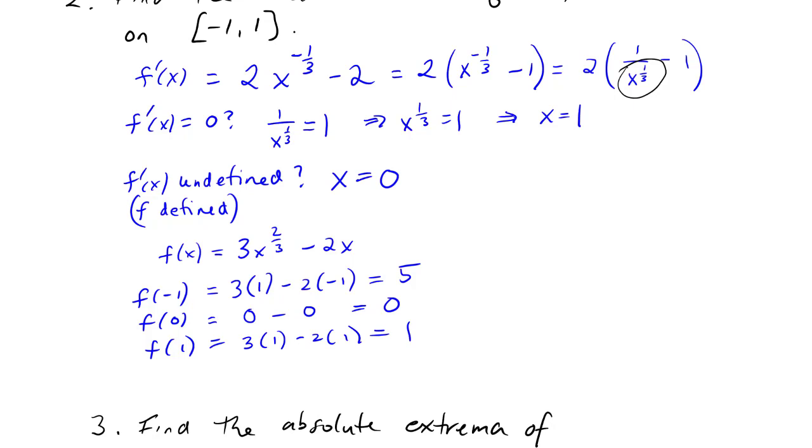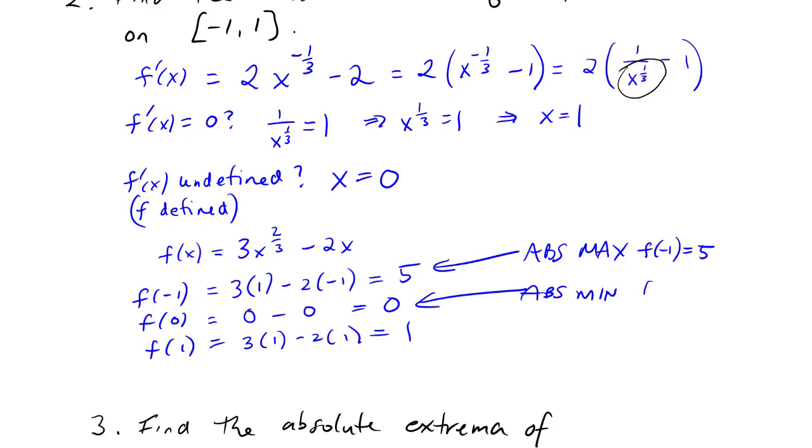I get 1. All right, well, there's my absolute max of 5. F of -1 is 5. And there's my absolute min. F of 0 is 0. The biggest 5, the smallest 0.